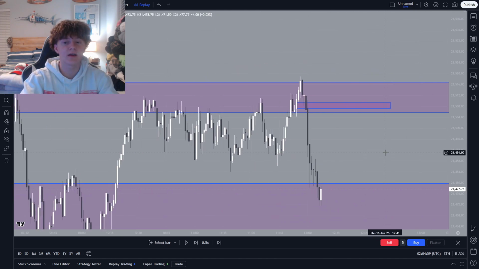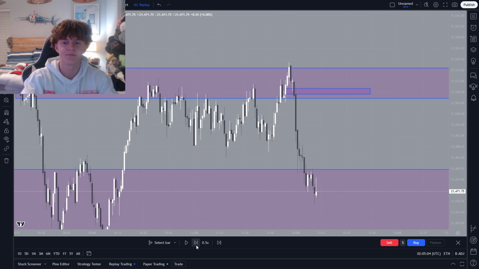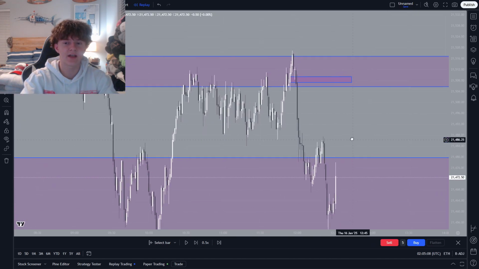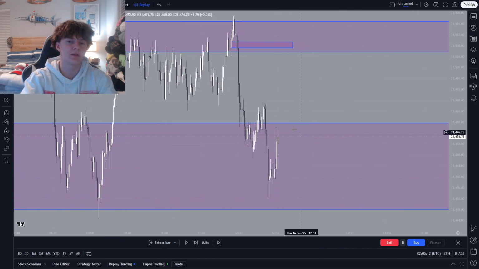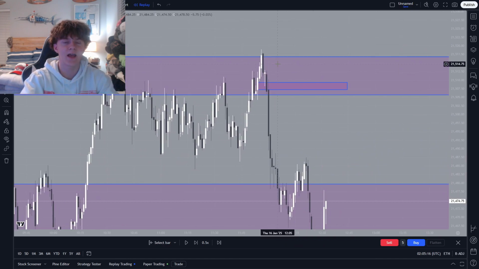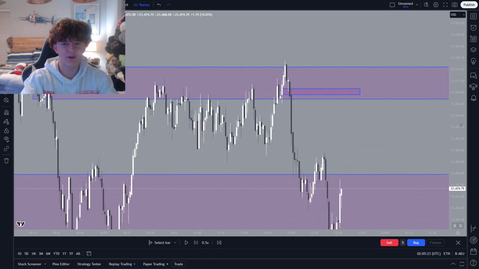But again, this strategy is to catch these big moves. Let's keep playing here. Yeah, again, this strategy is for the big moves. Obviously, once it came back down to this fair value gap level, I would have exited. But again, a super good play when you're trying to catch this kind of manipulation and then play the displacement here. So a really good trade there.